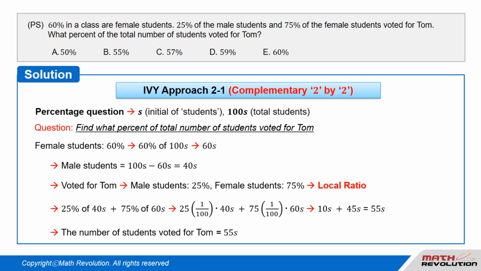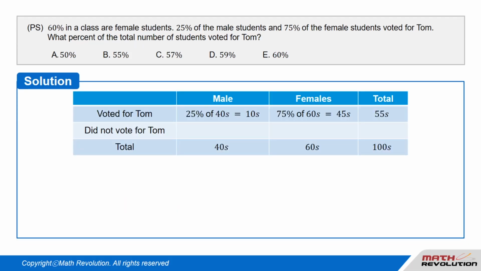Here, 25% of the male students and 75% of the female students means local ratio. So, the number of students who voted for Tom is 55S. Male students who voted for Tom are 25% of 40S equals 10S.